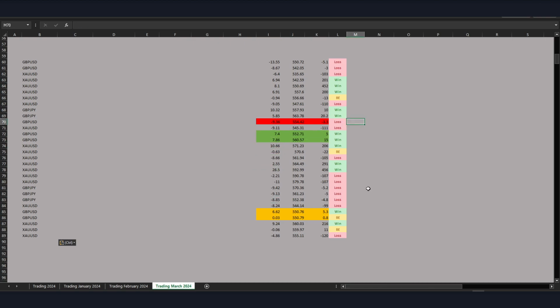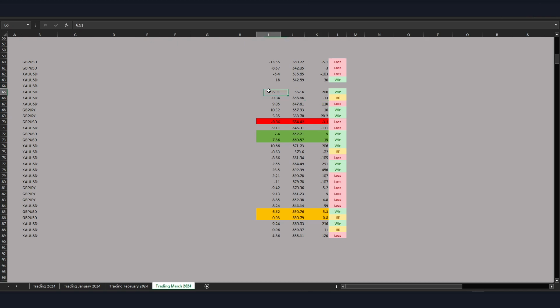Yeah, and what I want to see is, okay, this is a loss. This one would have been a single win, a 30 pip win. So it's 6.4 times 3. We said it's like 18. Then we have this one would have been a break even.